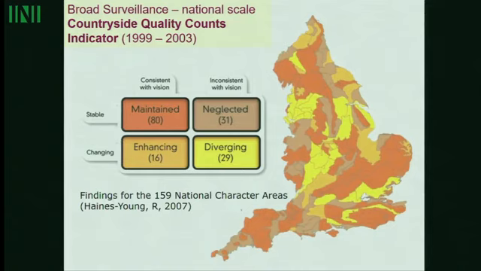And the overall stats were that 20% of our landscapes were being neglected, that weren't being managed appropriately, and 20% diverging. And you can see the spatial distribution of this big picture at that time, 2003. So we really need to be updating a piece of work like that.